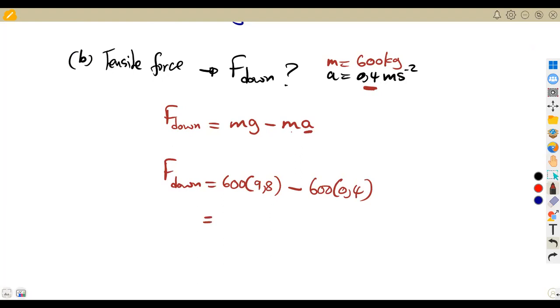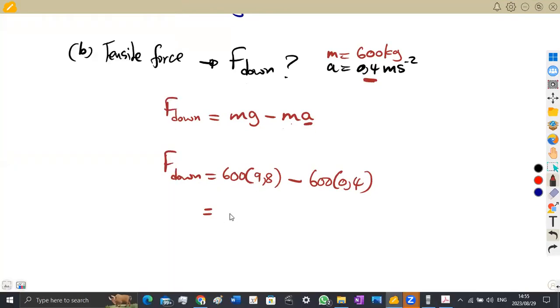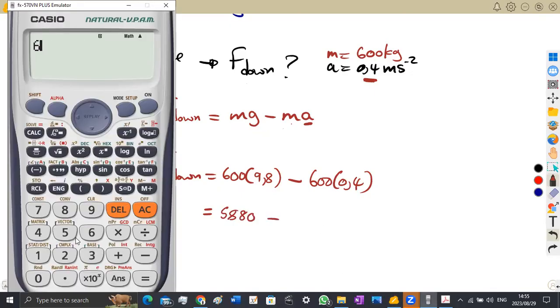All right, so we can combine this, but we multiplied this one before. If you still remember this one, 600 times 9,8, we got 5,880. And minus, then we can multiply 600 by what? 600 by 0,4.